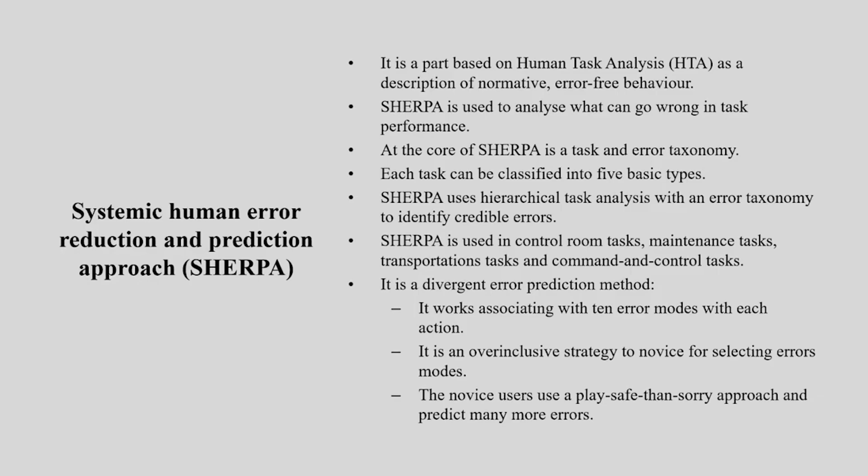So what exactly does it do? It is based on human task analysis. SHERPA is used to analyze what can go wrong in task performance. So what is the possible way in which we, as an operator, may go wrong? When we design a particular system, we expect the system to perform in a certain manner.